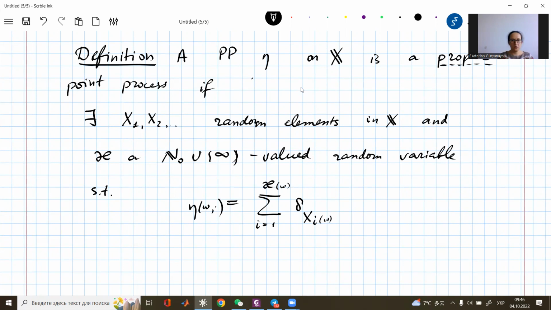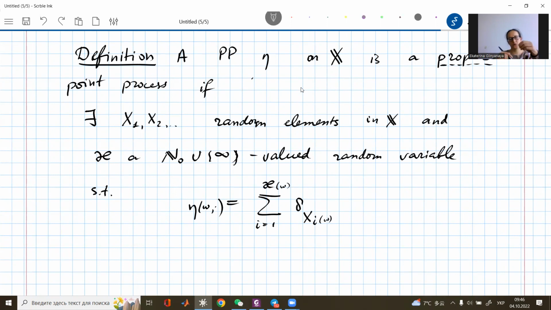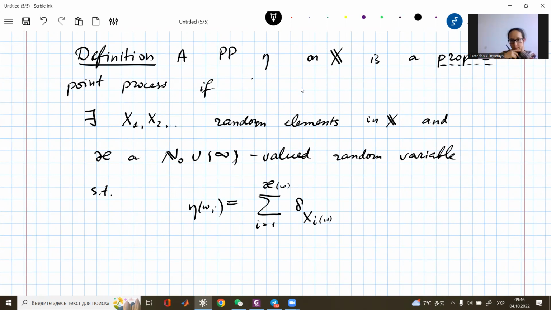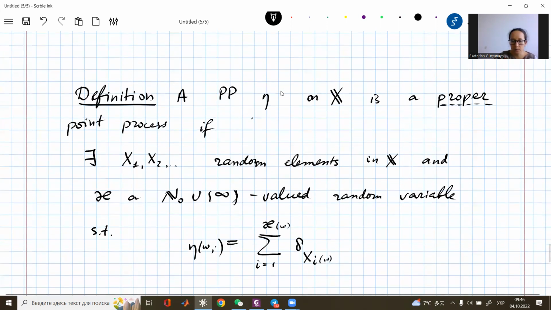So these are proper processes, and mostly we will have the case with such processes, but it is interesting if you can give me an example of a point process that is not a proper point process.